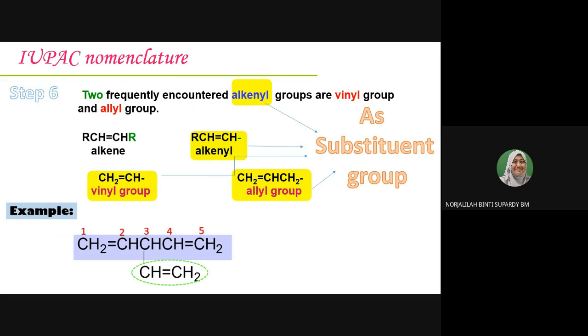Carbon number 3 consists of 2 carbon atoms, which is an alkene substituent, so it is called vinyl. So 3-vinyl-1,4-pentadiene. I missed the penta just now. Pentadiene, 5 carbon atoms.